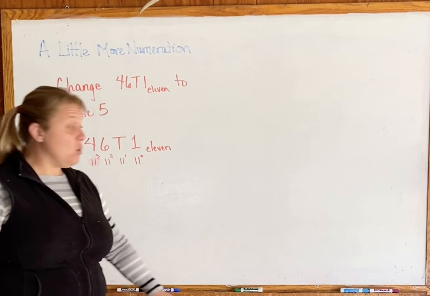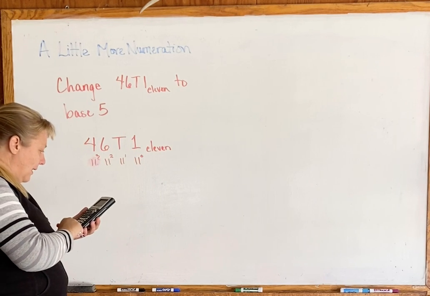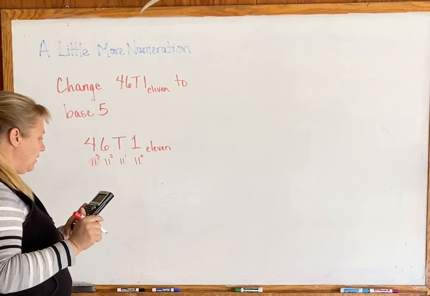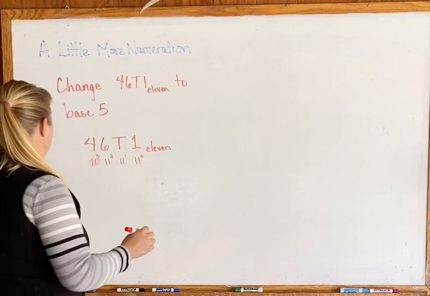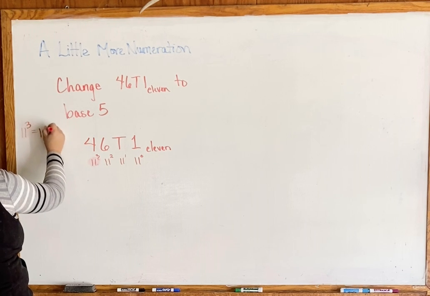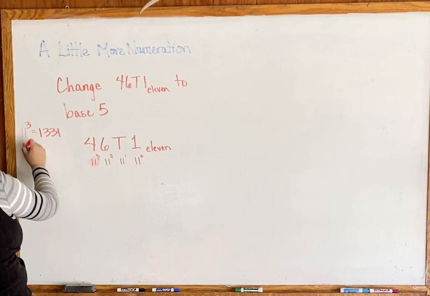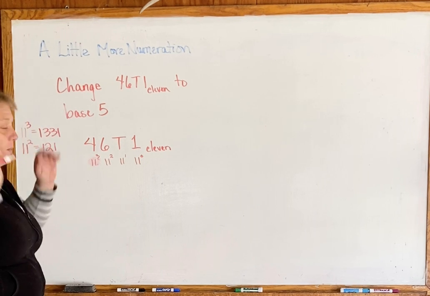I don't really know what 11 to the 3rd power is, so we'll crack out our calculator. 11 to the 3rd is 1,331, and 11 squared, hopefully we remember, is 121.